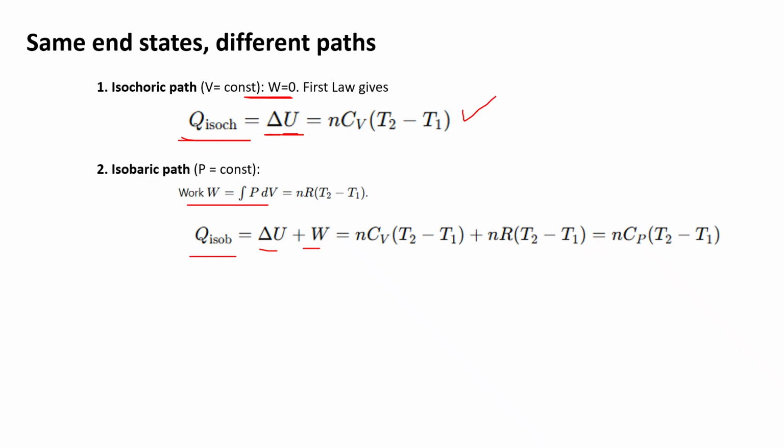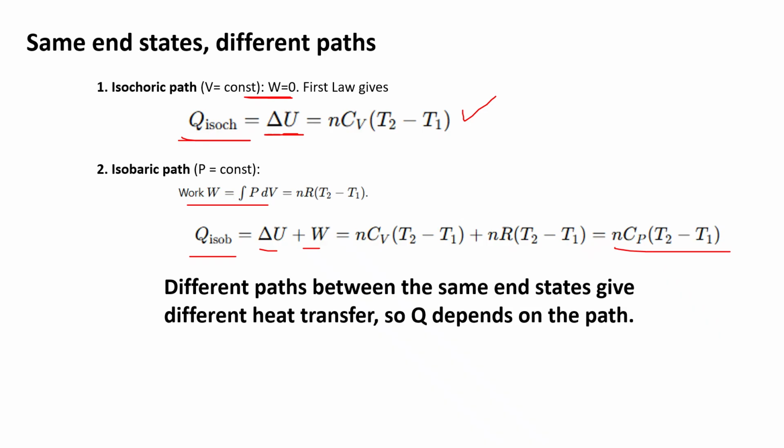The net amount of heat in the constant pressure path is n Cp (T2 minus T1). So we observe that different paths between the same end states give different heat transfer. So heat depends on the path only.